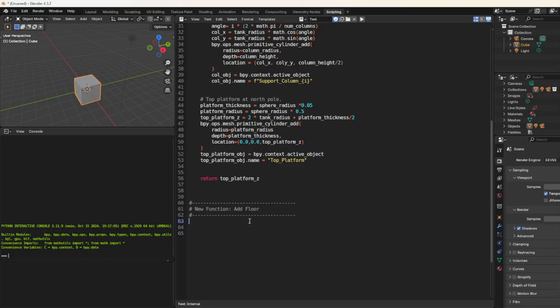Now let's define the function here, with sphere radius as the parameter. And then another comment: add a large floor plane with given floor material.